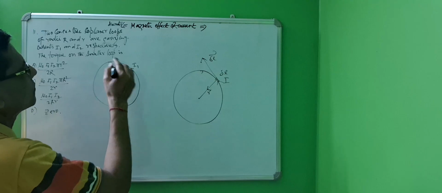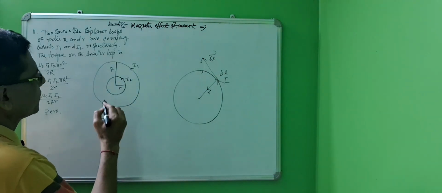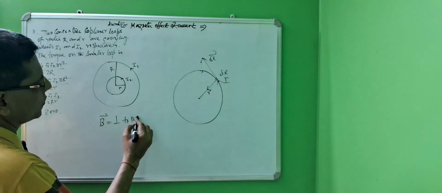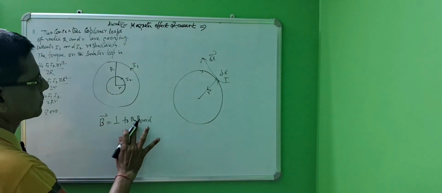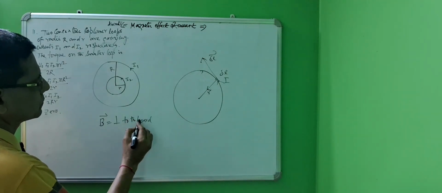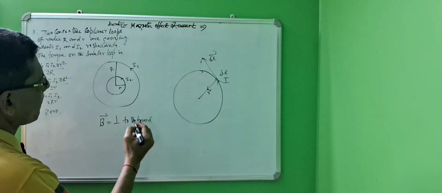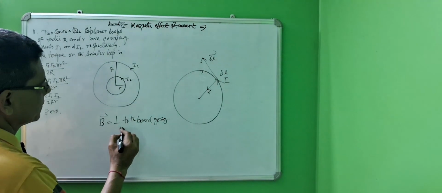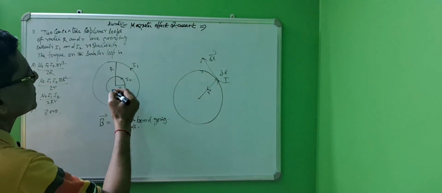So the direction of B is along the perpendicular to the board, perpendicular to the board going inwards. And what is the direction of M?